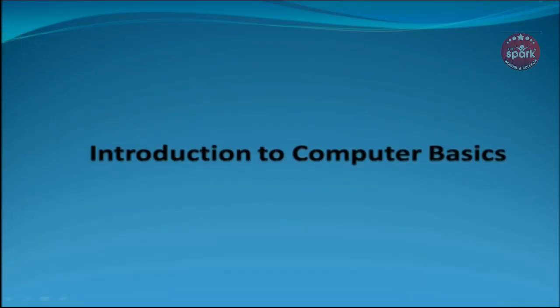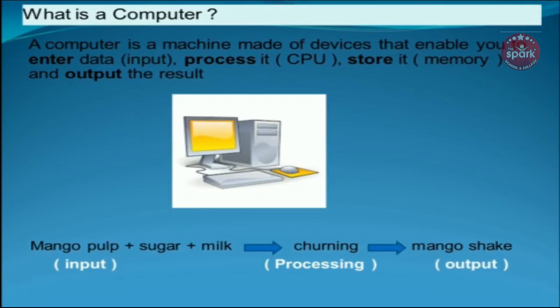Today we will talk about the introduction to computers in a very basic way for beginners. So what does the chapter say? What is a computer? Firstly, we need to know a computer is a machine made of devices that enable you to enter data in input form, and finally it processes.